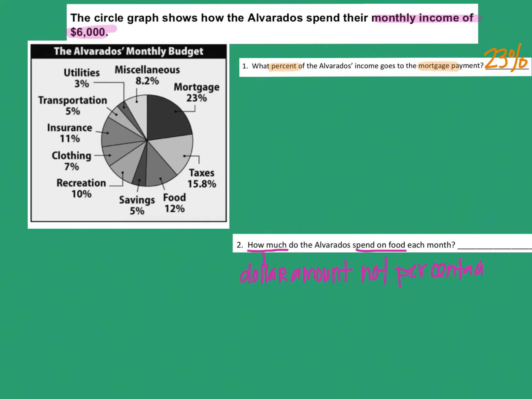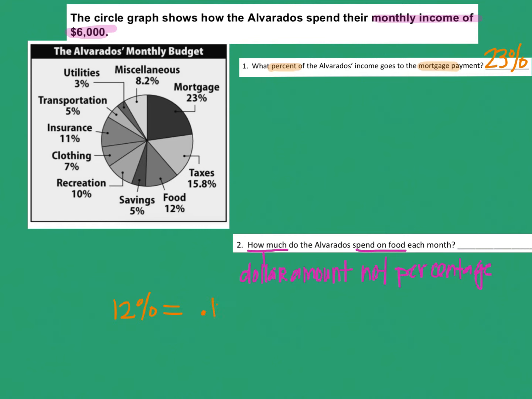If it wanted it as a percent, it would say so. So for this one, I need to go look at food. Food is 12%.